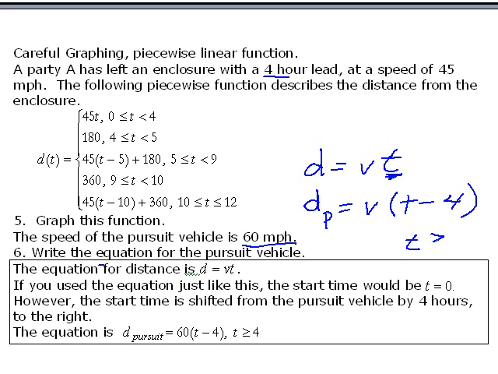And the equation would only be valid for t greater than or equal to 4, because the pursuit vehicle was obviously doing something else when this cheetah or whatever took off. The velocity is 60, so that's why the 60 is here. T minus 4 gives you that 4-hour shift. You only care about time greater than or equal to 4, and you need to graph this on the same axes with this function.